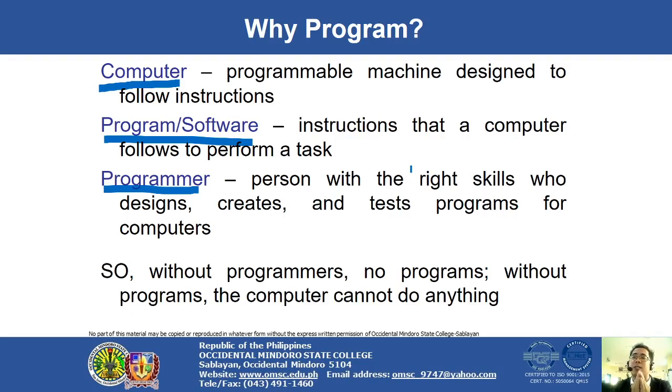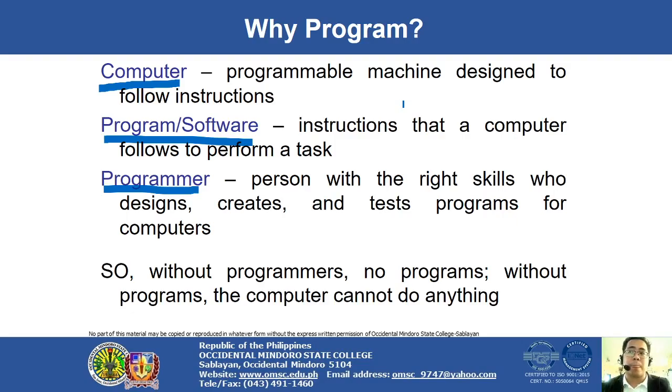After we created that software or that program, it is now time for the computer to follow the instructions, and that is the computer. A computer is a programmable machine designed to follow instructions. So meaning, without the programmer, without the software, the computer will not work. Meaning, there's no instruction at all.